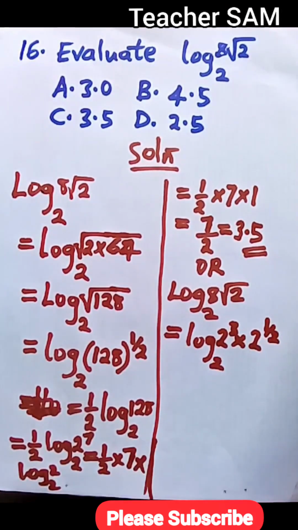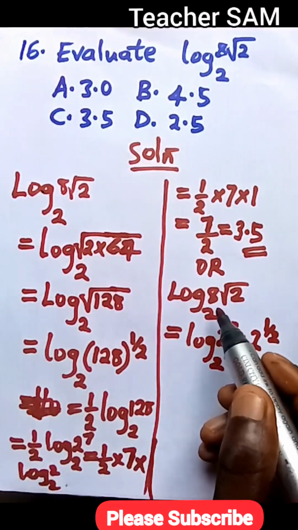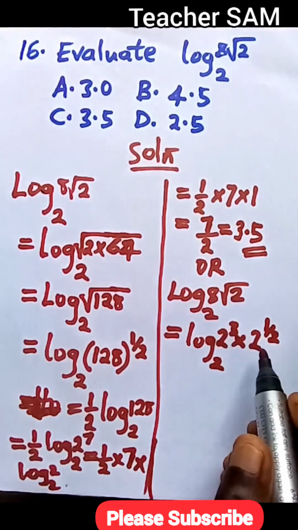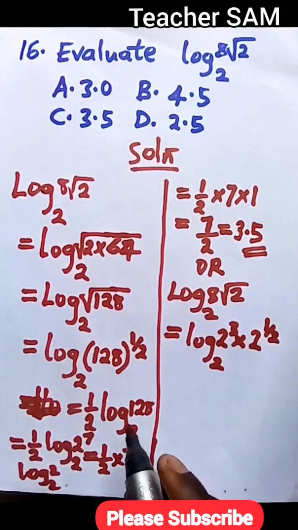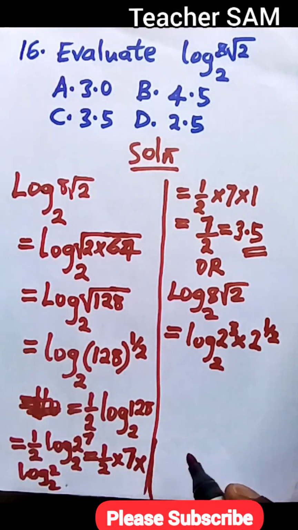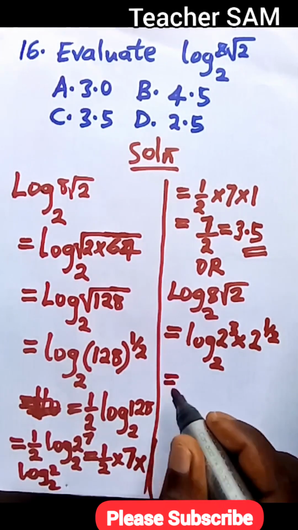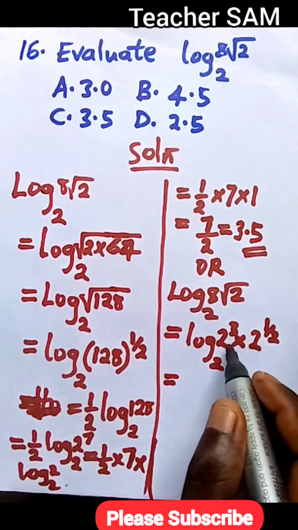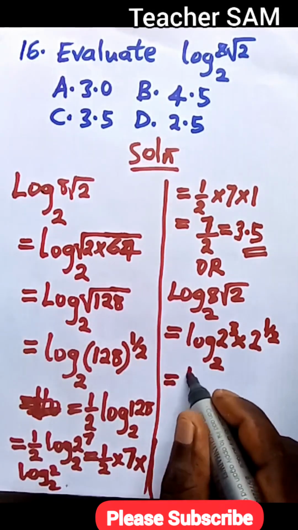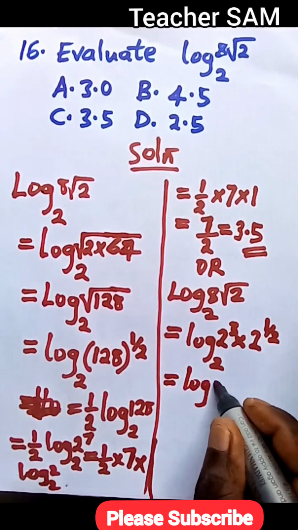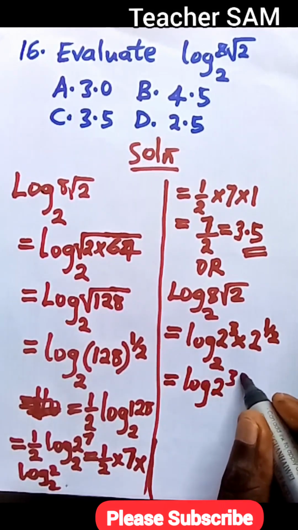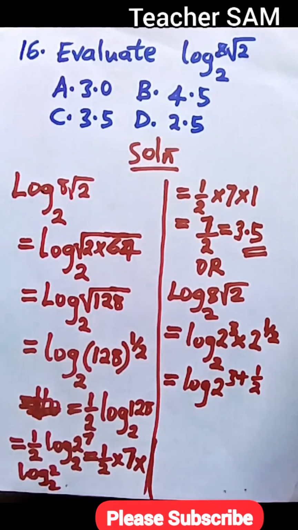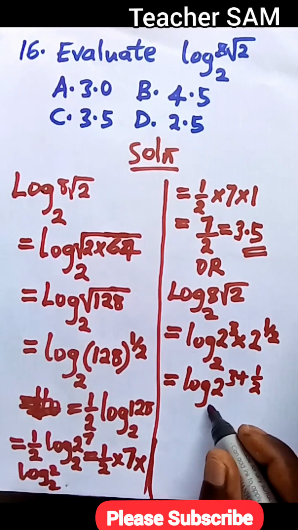So you can see how we simplify that. By indices, since the bases are the same, I add up the powers: log 2 raised to power 3 plus 1 over 2, to base 2.